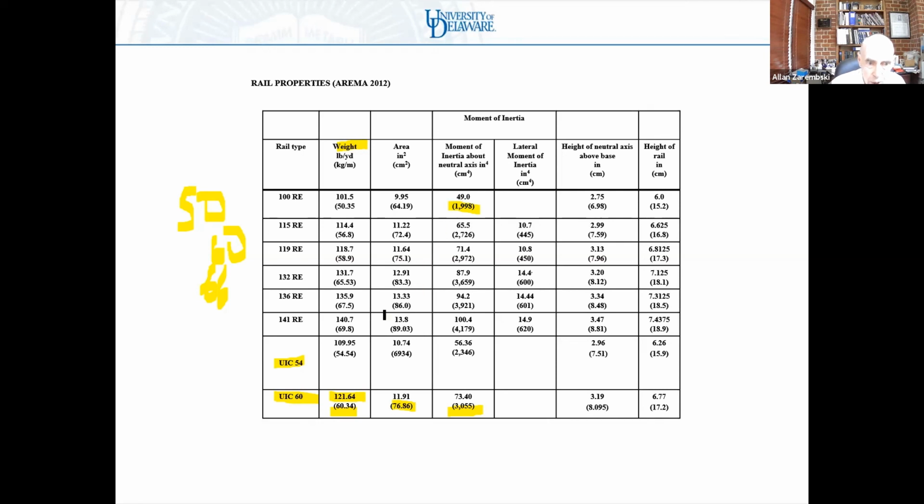And if I was going to go up to a UIC 70 type of weight, I would be over 4,000, so I would be doubled. Lateral moment of inertia is tabulated. And we talked about this, we used this before: the neutral axis above the base and the height of the rail.